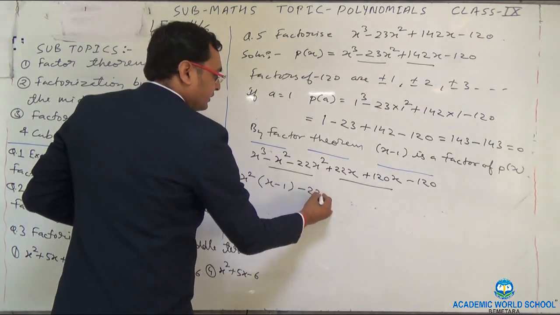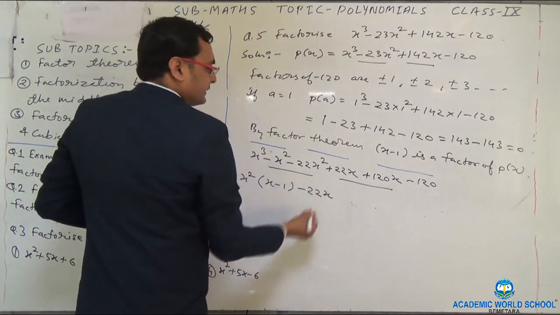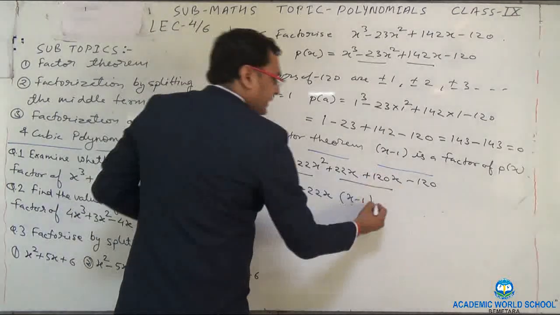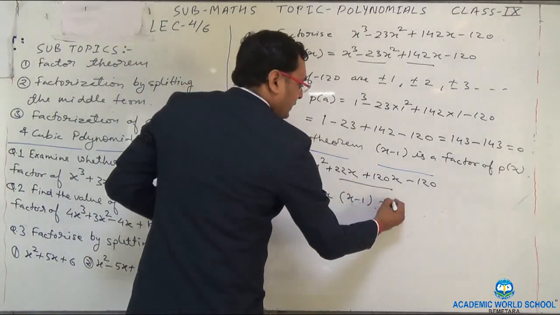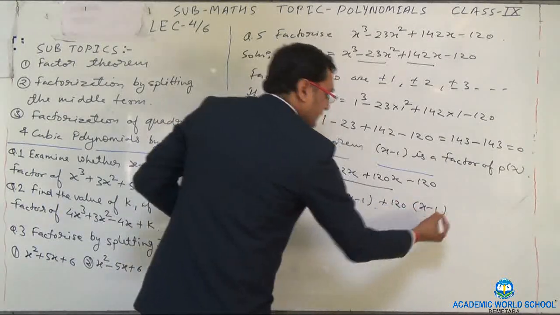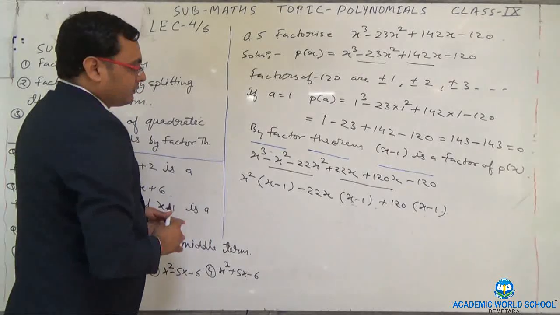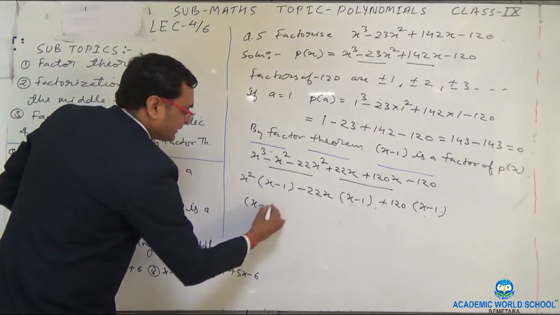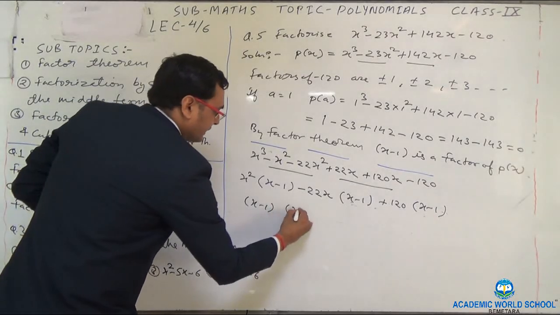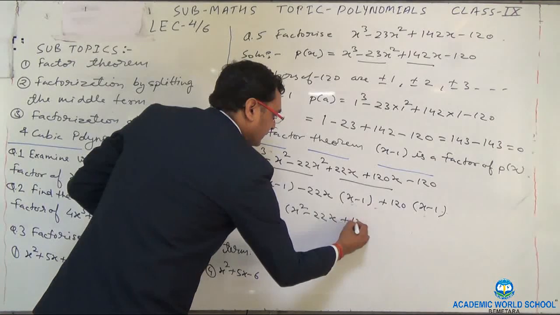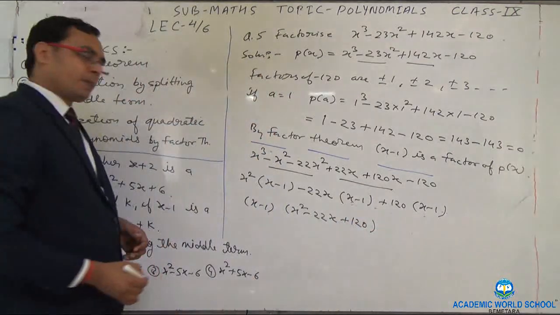Minus 22x is taken common, so x minus 1 is left. Plus 120 is taken common, so x minus 1 is left. Now from these three terms we will take x minus 1 common. We are left with x square minus 22x plus 120.